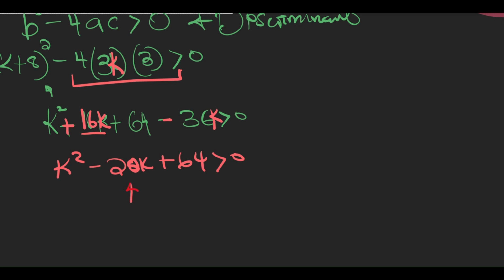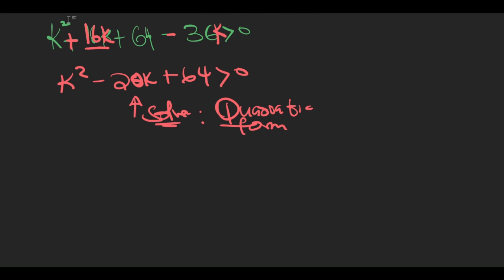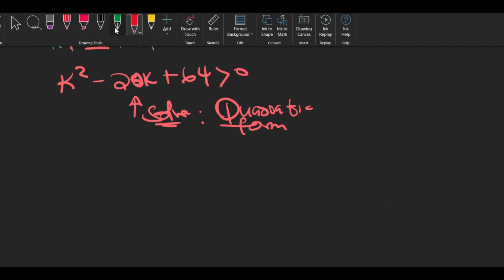Now you can see again, this is a quadratic equation which can be solved. I always advise people at this level that the best way to go for this is the quadratic formula. It saves you a lot of time. Try your best to be conversant with the quadratic formula. I have another video on the channel, and I'll attach the link down there on how to use it.